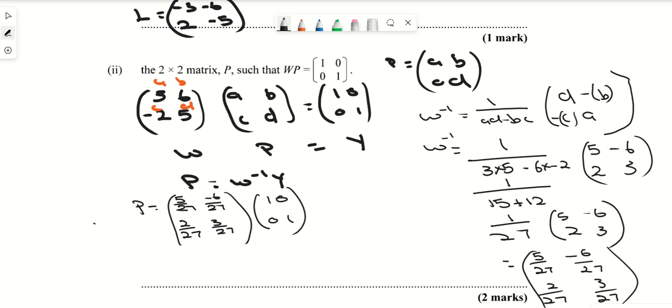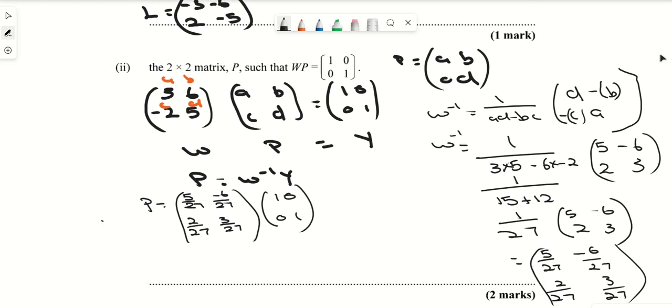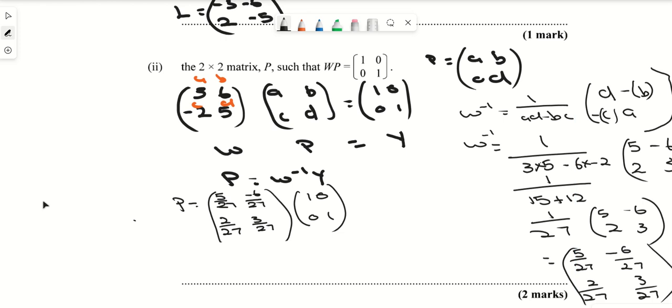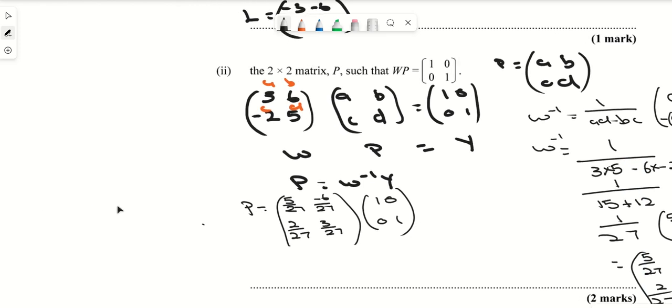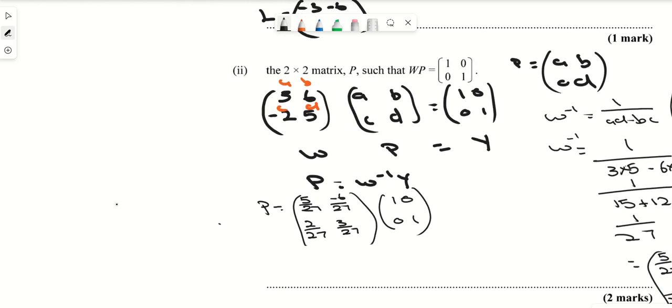And now we're going to multiply these two. I'm going to do this on the side here because it's just taking up a little too much space. So P is equal to, let me look for P. When we have to multiply, it is row by column, and then row by your second column, and then your second row by your first column, and your second row by your second column.